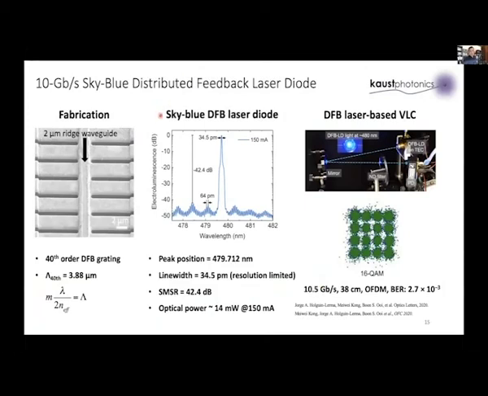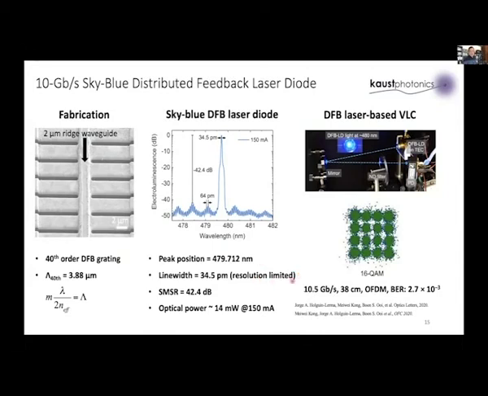Another color that we're working on is closer to 480 nanometers, the so-called sky blue wavelength. It uses a similar fabrication technique, starting from a ridge laser and then putting down the grating from the side instead of embedding it, like any other DFB laser fabricated in indium phosphide or gallium nitride based material systems.